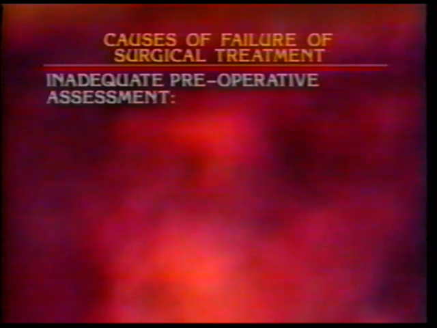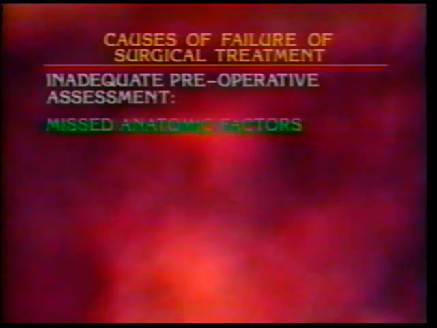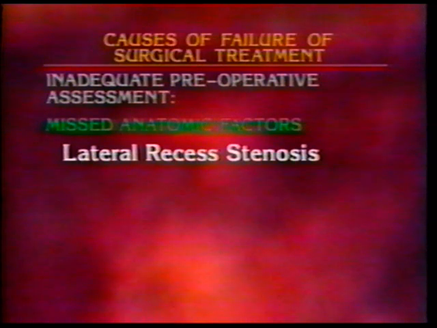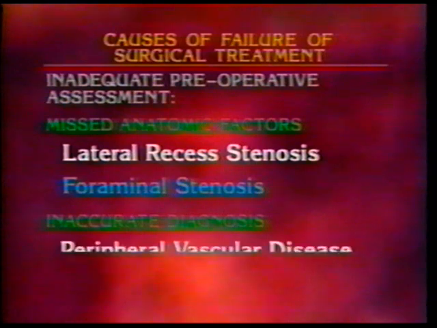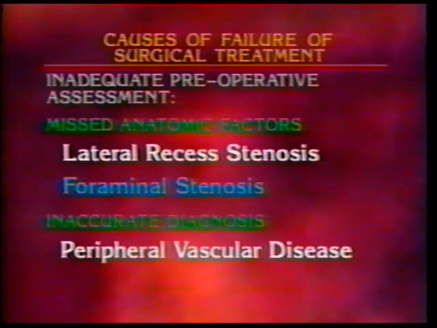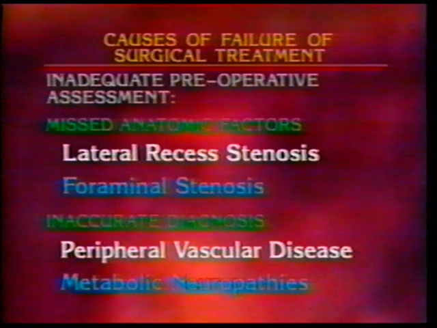Causes of failure of surgical treatment are inadequate preoperative assessment, where we've missed anatomic factors such as lateral recess stenosis or foraminal stenosis because we did not have a CT scan with sagittal reconstruction, or we've had an inaccurate diagnosis. The patient has peripheral vascular disease with significant atherosclerosis, or a metabolic neuropathy such as diabetic neuropathy, and what we assumed to be symptoms of numbness or claudication based on stenosis is in fact due to another cause.